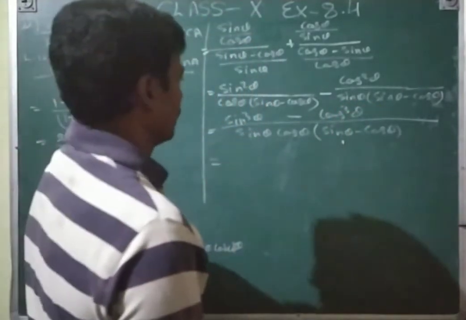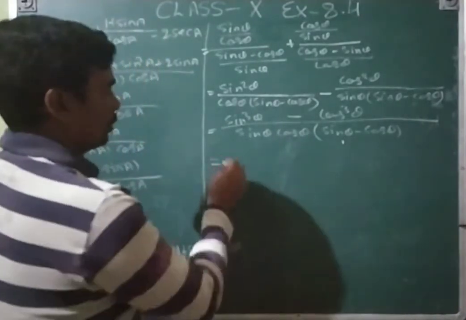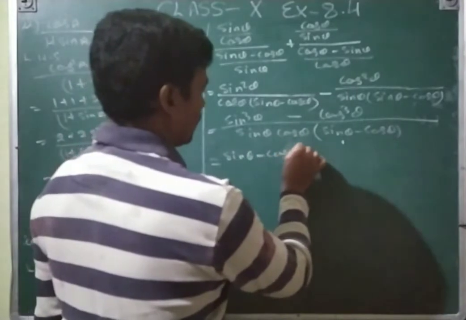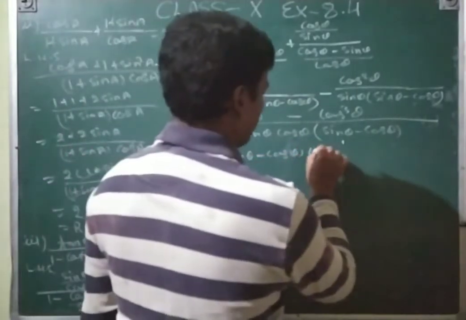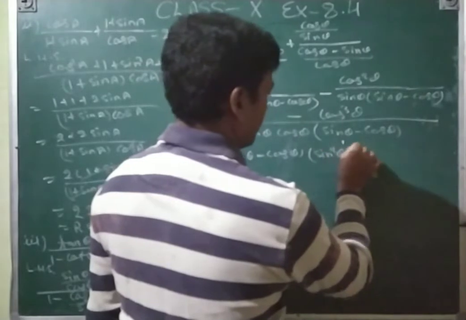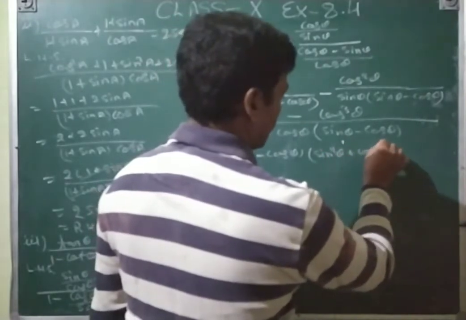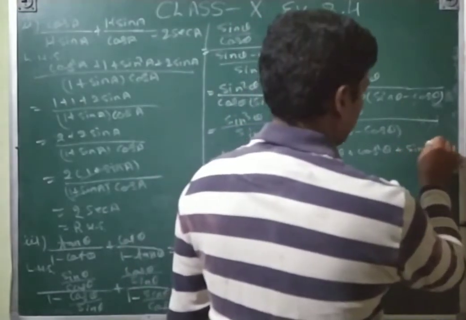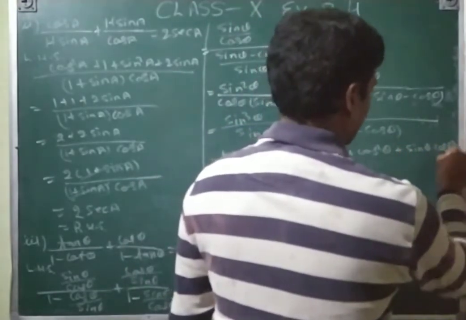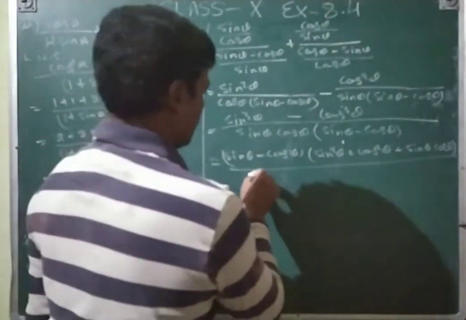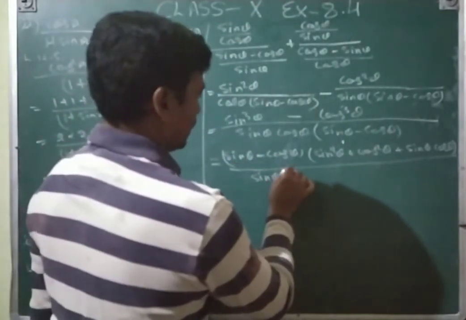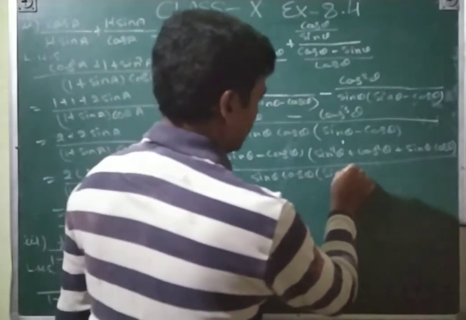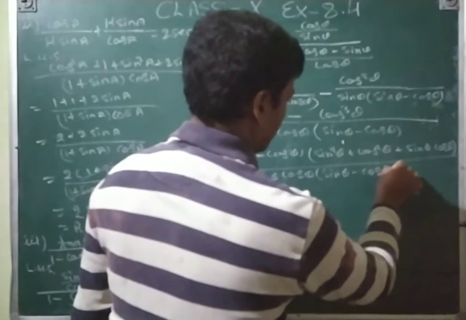You know very well a cube minus b cube is equal to a minus b, and then a square plus b square plus ab, it means sin theta cos theta, and then upon thing will come same, sin theta cos theta, sin theta minus cos theta.